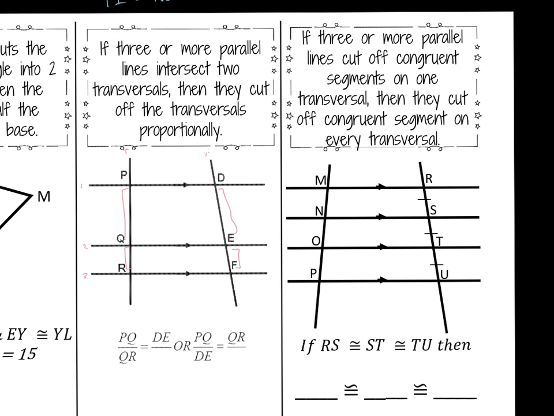So if PQ to QR, DE is proportional to EF. Or I can write it as PQ and DE, and then QR and EF.